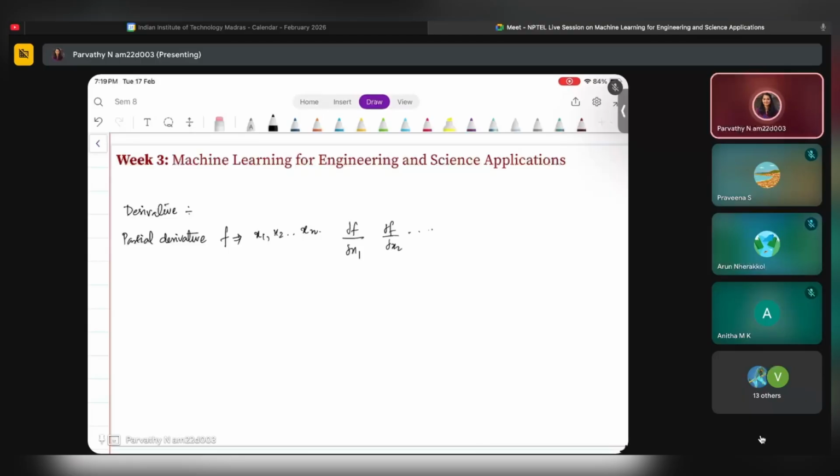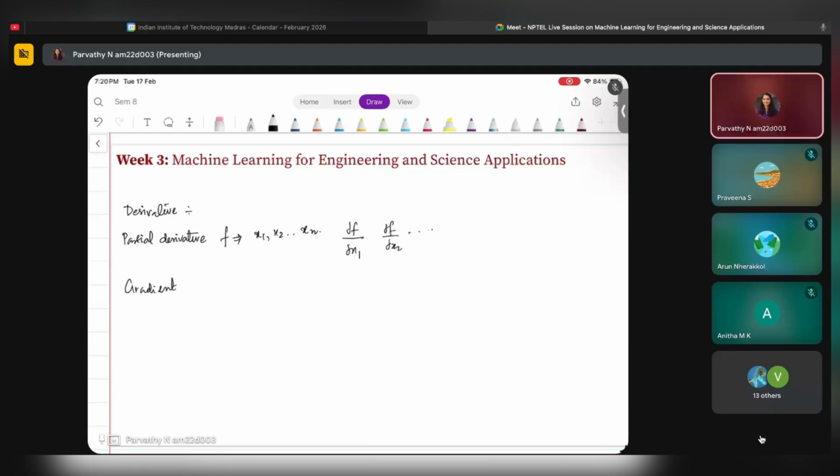And then gradient. The gradient is a vector of all the partial derivatives. It tells you the direction of steepest increase of the function. The gradient always points in the direction of maximum increase, and the negative gradient points in the direction of steepest decrease.